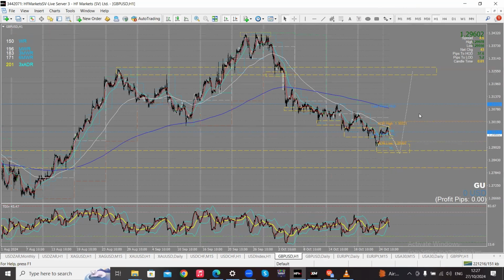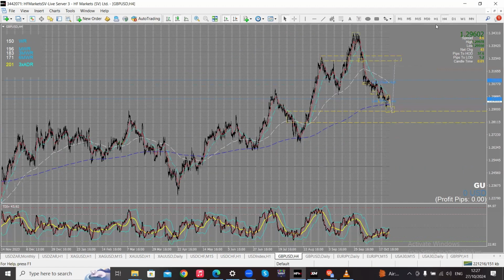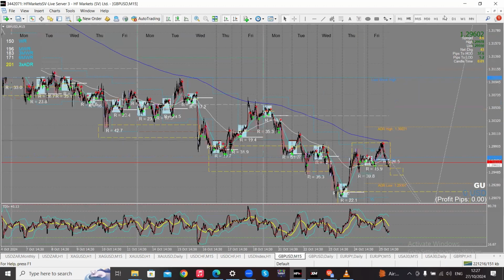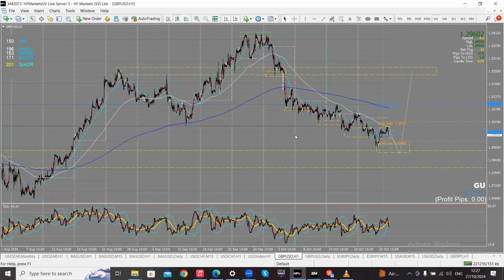Let's just wait and see how this pair moves this coming week. So again, I believe we should have two sides of this coin so that we are open-minded in terms of how this pair would likely react.